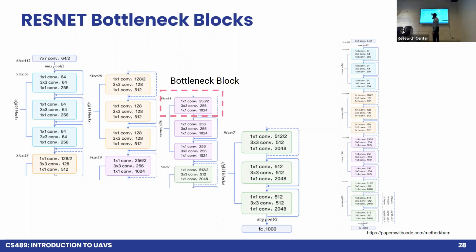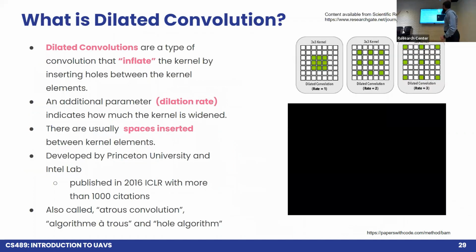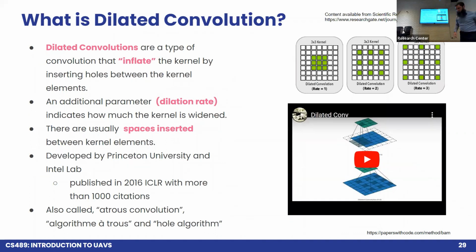This is what we call the residual block or bottleneck block, where we have 1 by 1 convolution, 3 by 3 convolution, and 1 by 1 convolution. They are stacked over each other, and this is where the attention was actually applied, as we will see at the end of this presentation. So dilated convolution, let me show you this video.